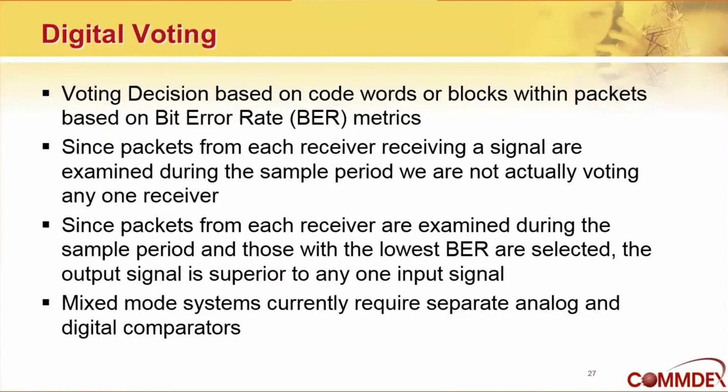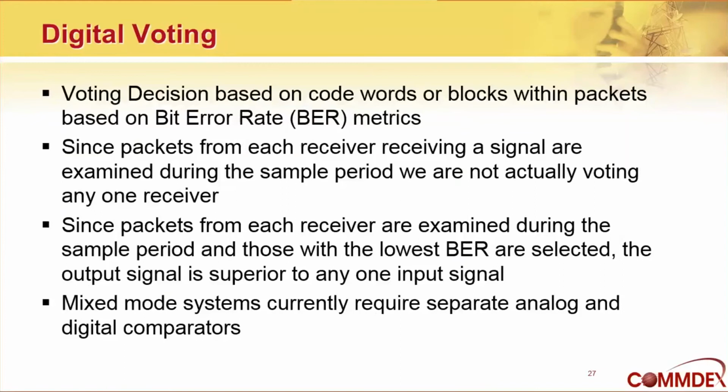So bit error rate is a metric that is used to determine digital quality by looking at the percent of bits that are invalid or corrupted. So if we have 100 bits coming in and 5 of them are incorrect, then we have a 5% bit error rate.